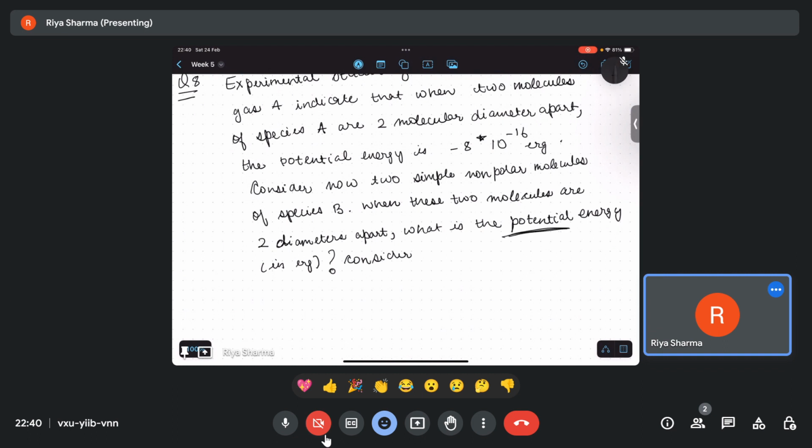Consider the general function to be the LJ 12-6 potential.